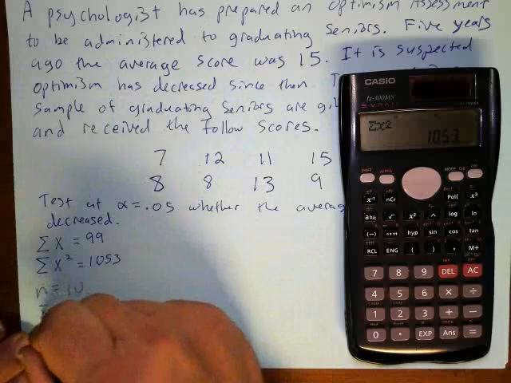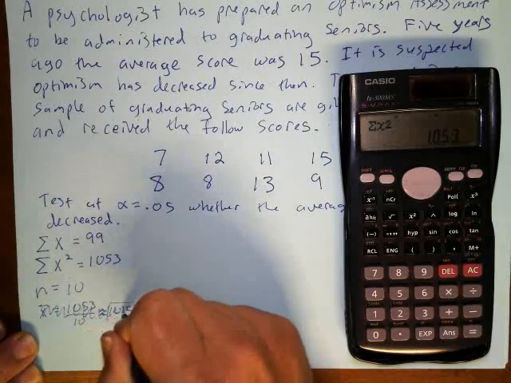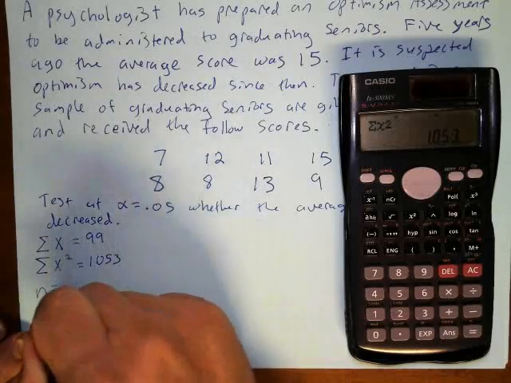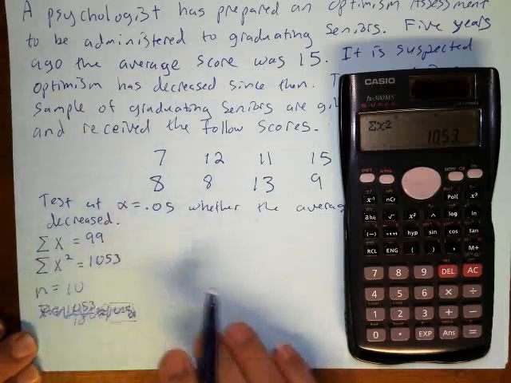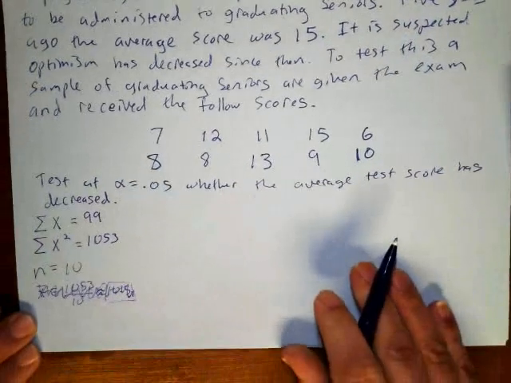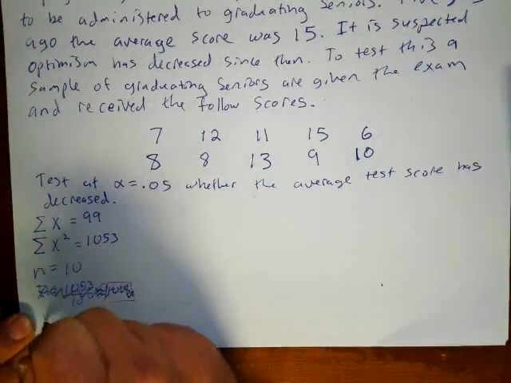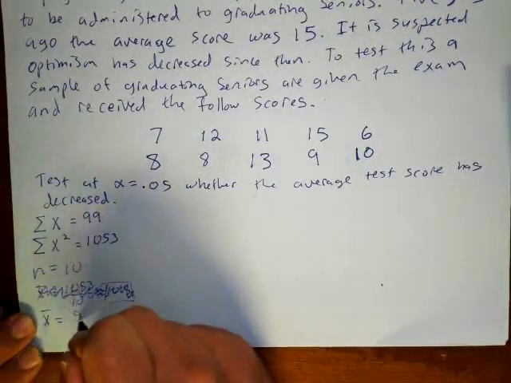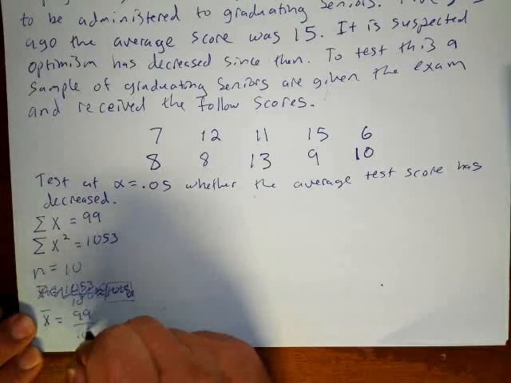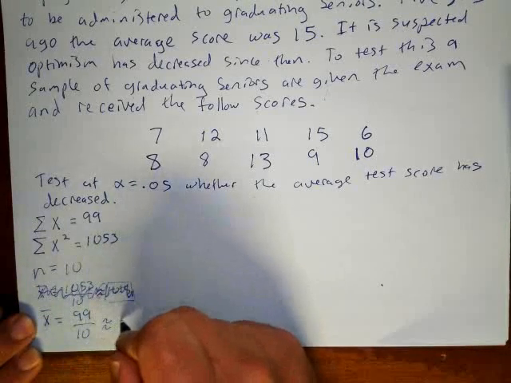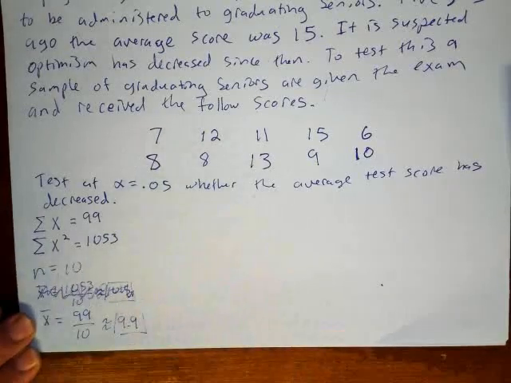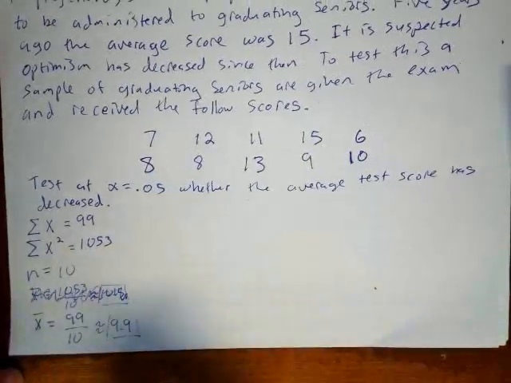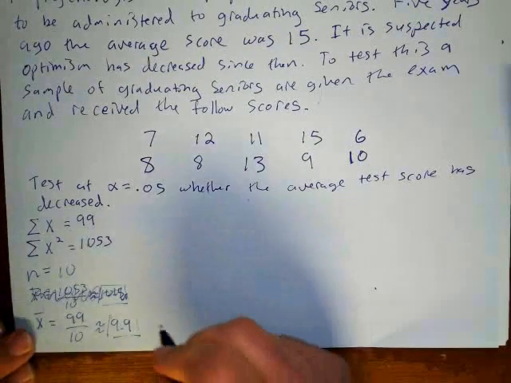I am sorry. My mistake here. I used the sum of x squared. This is really 99 divided by 10, and that's approximately 9.9. If I have to round, I'm going to round to the tenths place. Okay, so that's my mean.